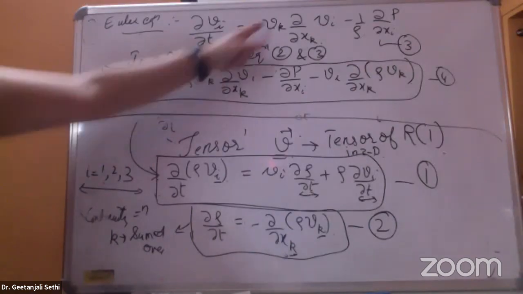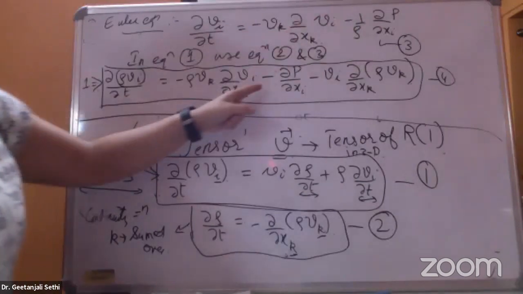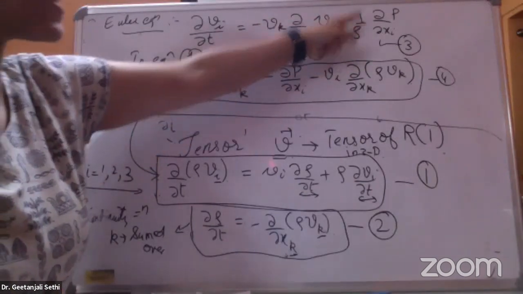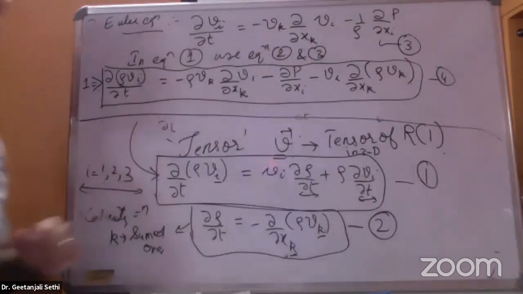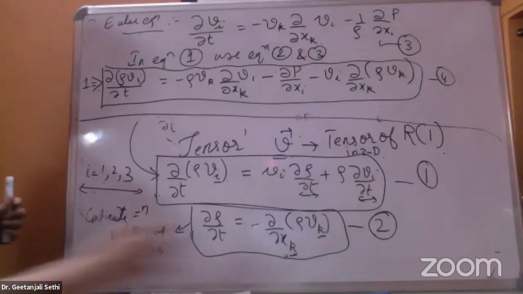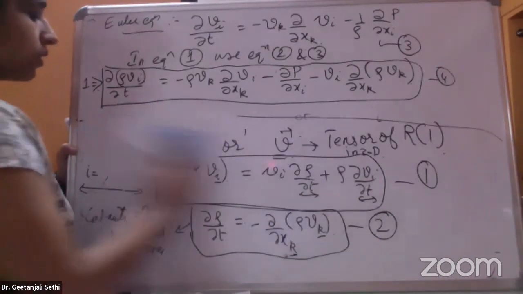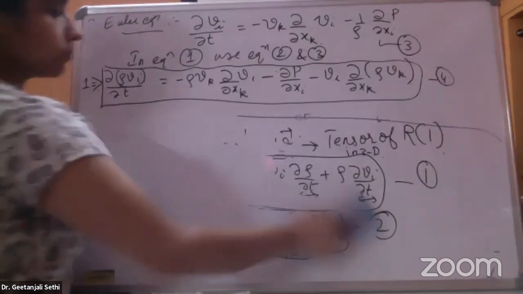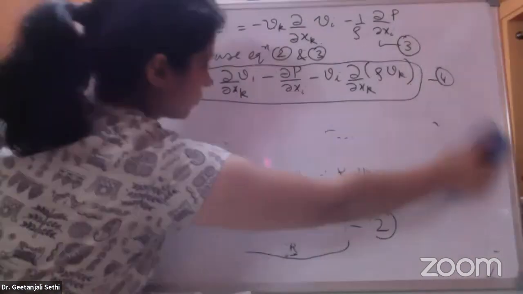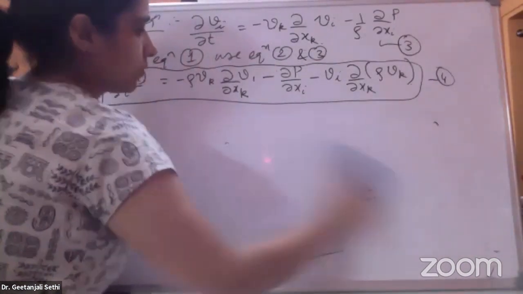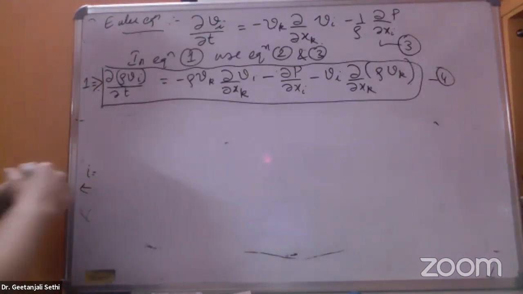So I get rho with a minus sign Vk del Vi by del xk. Again with a minus sign. Rho being multiplied by this gets cancelled. I'm just left with del P by del xi. I'm going slowly because this is a little difficult. I'm going to stop soon.